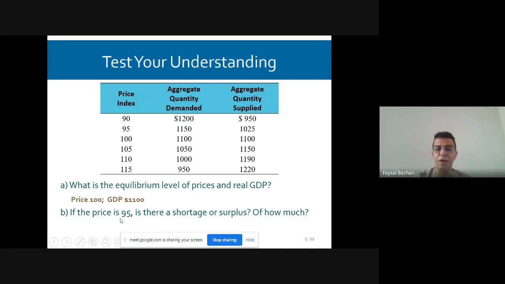So if the price goes to 95, do we have a shortage or surplus? You see the aggregate demand is higher and the aggregate supply is lower, so there is a shortage, because the price is lower. The shortage is 125, which you get by subtracting the aggregate supply from the aggregate demand.